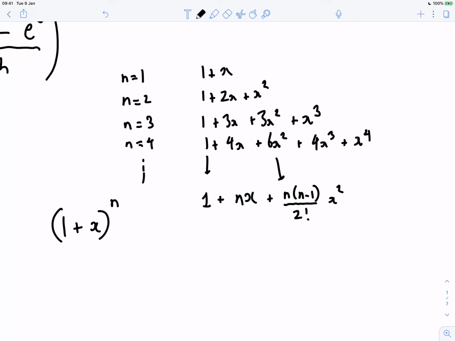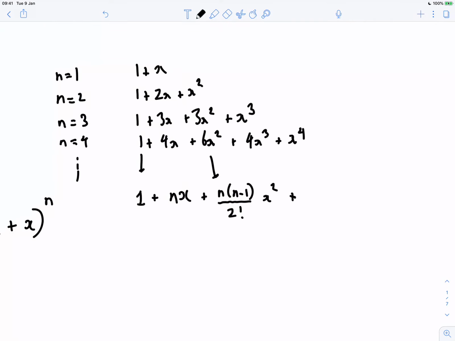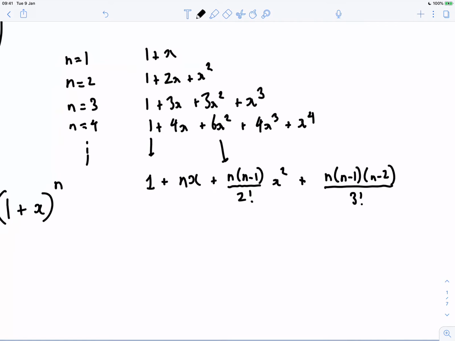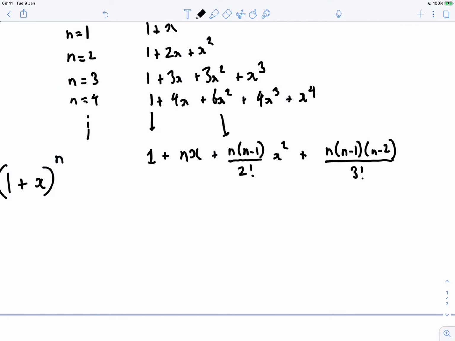Long story short, the next term will be n times n minus 1 times n minus 2 all over 3 factorial. And if you think about it, n times n minus 1 over 2 factorial is the same as n factorial over n minus 2 factorial times by 2 factorial. And as I've said in a previous video, this is n choose 2.